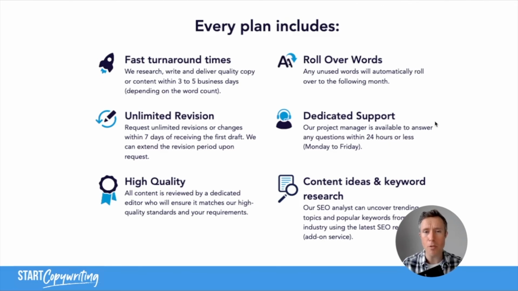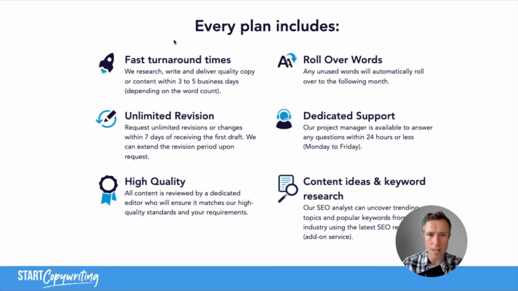Here's another example from my own service, which is a copywriting service. So I talk about all of the different benefits of this service. Things like fast turnaround times, unlimited revisions, high quality content, dedicated support, content ideas and keyword research.